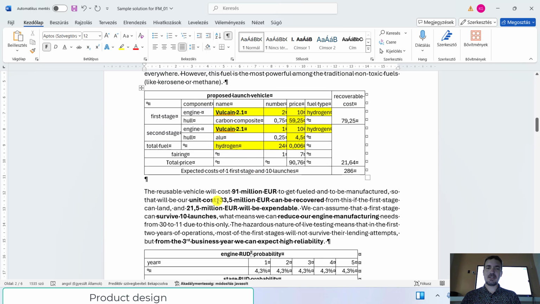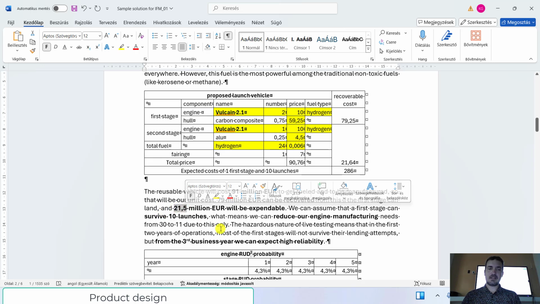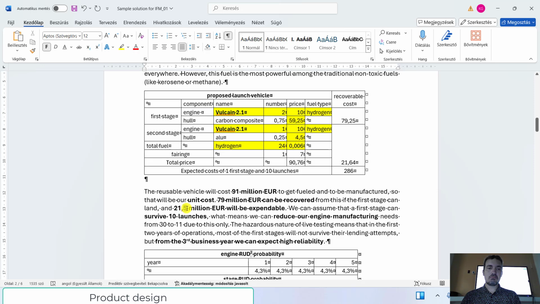And practically the majority of this will be recovered from its first stage, which can land, and the remaining euros will be expendable. So we are losing money. This will be burning up in the atmosphere, and the rest will drop in the ocean.